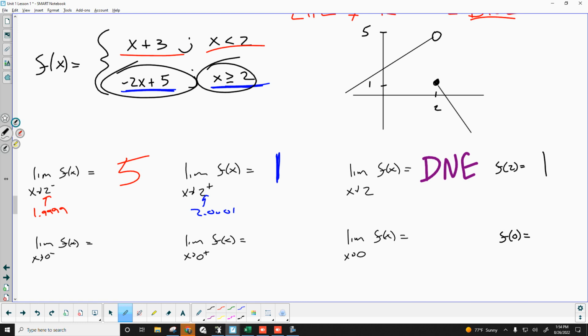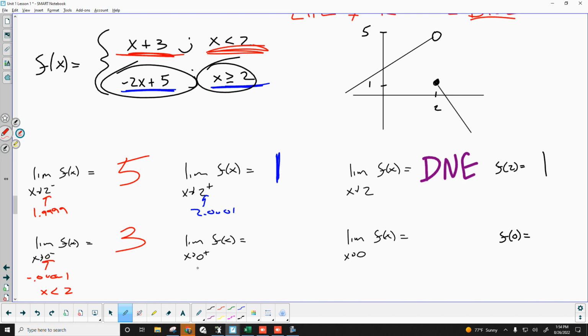Let's look at 0. Well, 0 from the left is like negative 0.00001. That's less than 2, right? So I'm going to use this piece. I can essentially plug in 0 and I get 3.